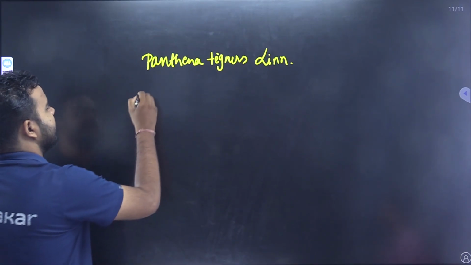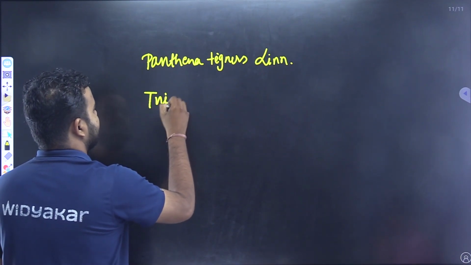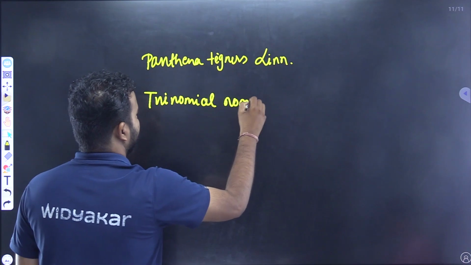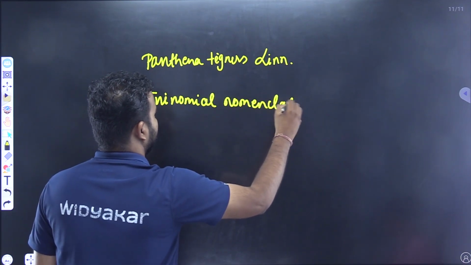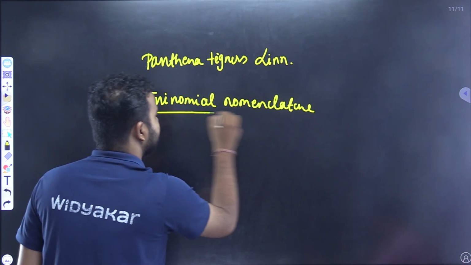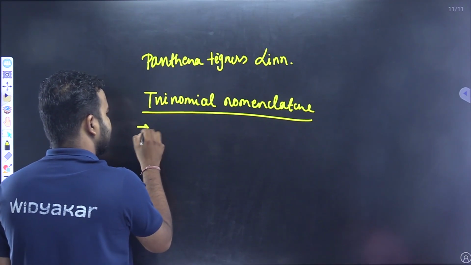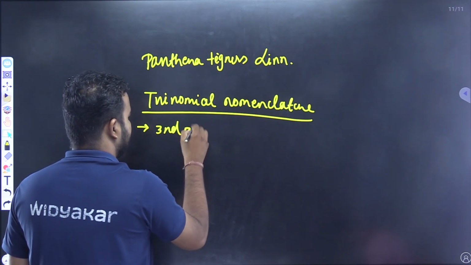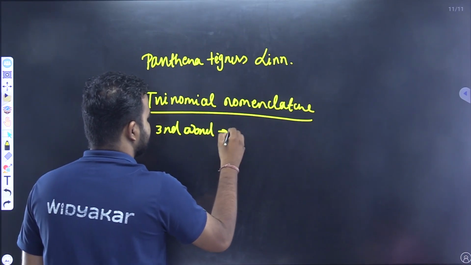Then we use another system, trinomial nomenclature. As the name suggests, there are three words. The first word is the genus, the second word is the species, and the third word is the subspecies.